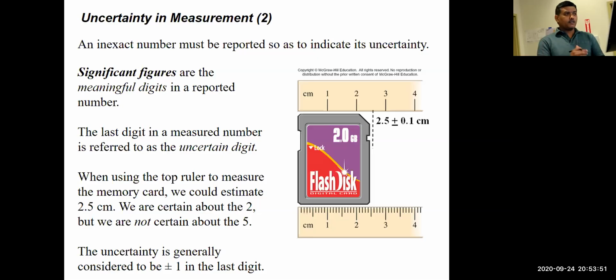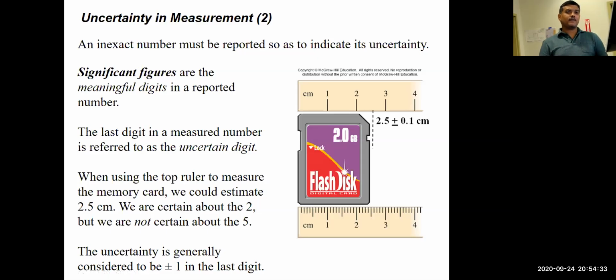By definition, significant figures are the meaningful digits in a reported number. I'll show you an example. When you measure this memory card, you could estimate that it is about 2.5 centimeters. You couldn't doubt that it is at least 2 centimeters with certainty, but you can doubt whether it is really 0.5 or 0.4 or 0.6, because you're estimating that last digit.